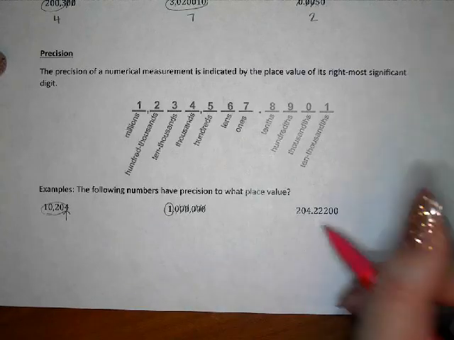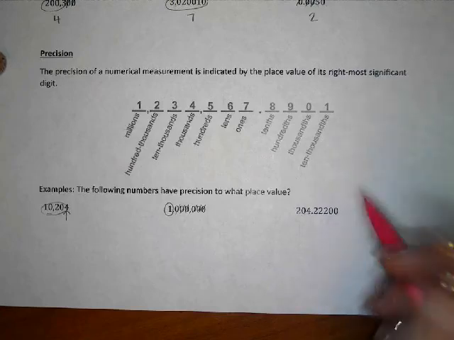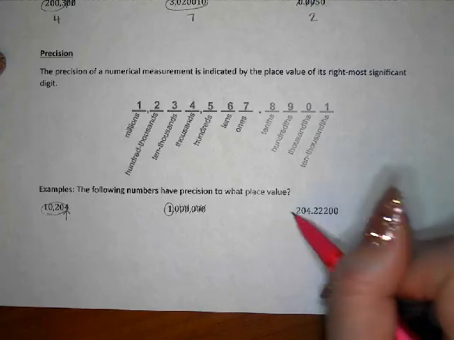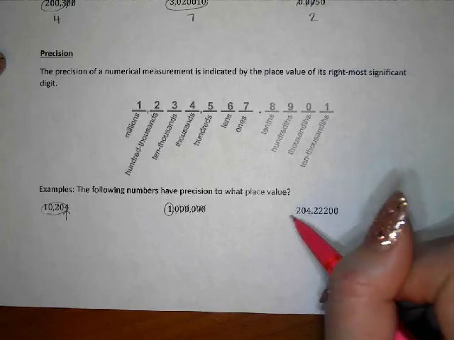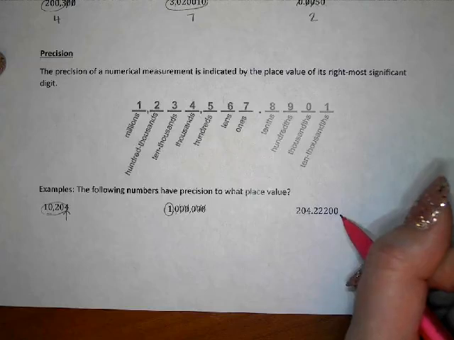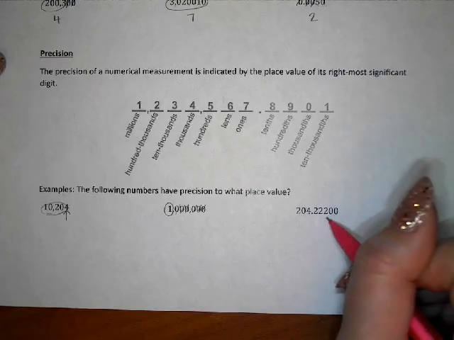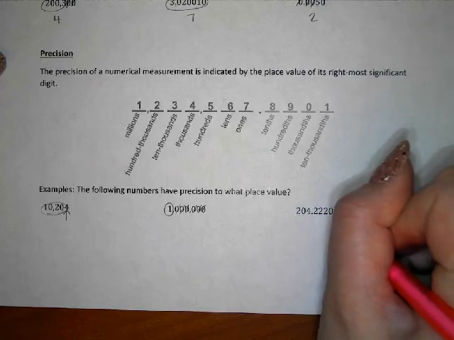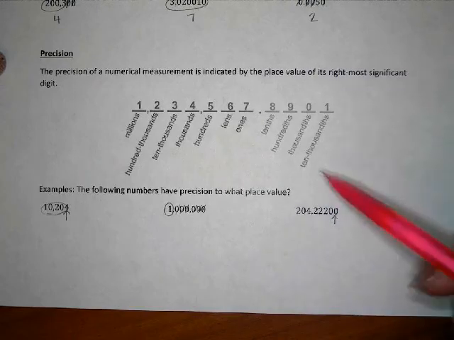Over here for this number, when we look at this decimal, we don't have any zeros in front, so we don't have any zeros that we're going to say are not significant. We have zeros on the end, but they are significant because they're on the right side of a decimal number. And so we are precise to this place right here, and so we're going to kind of list them off.